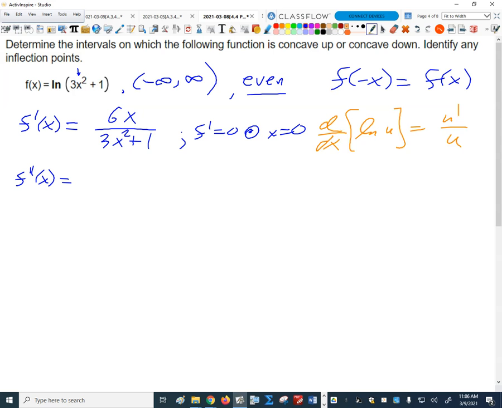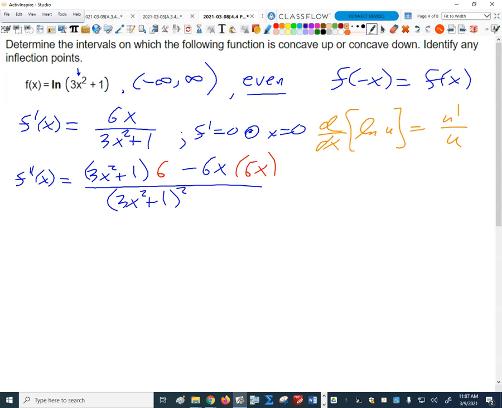For the second derivative, we have to use the quotient rule. So I've got low d high minus high d low. The derivative of the bottom is just 6x, all divided by 3x squared plus 1 quantity squared.